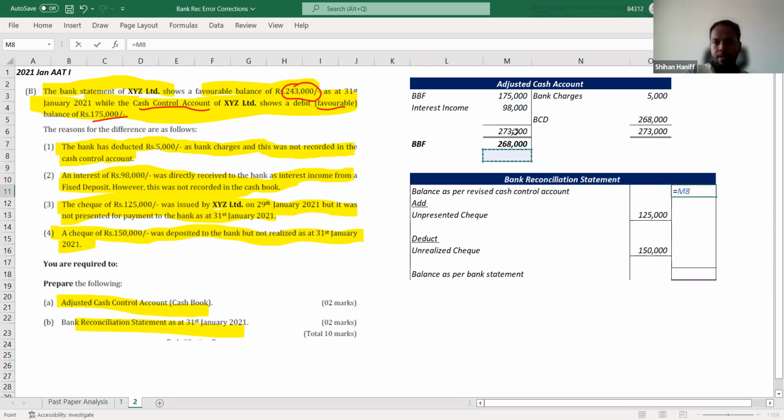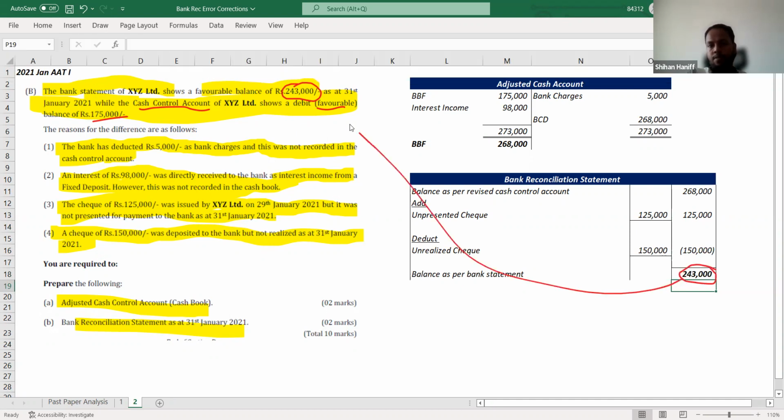Then we take that balance as the opening balance of the reconciliation. Then in the bank reconciliation statement, the closing balance, or the bank statement balance, is 243.